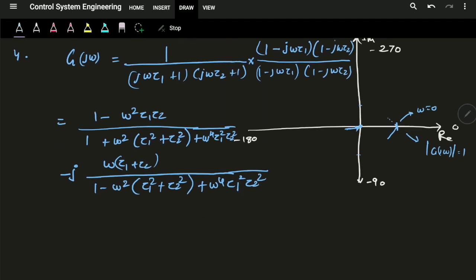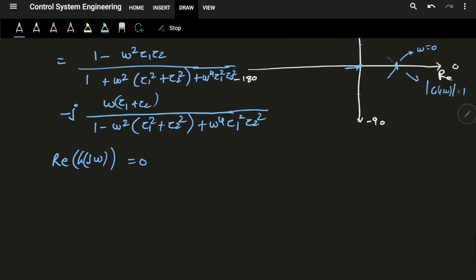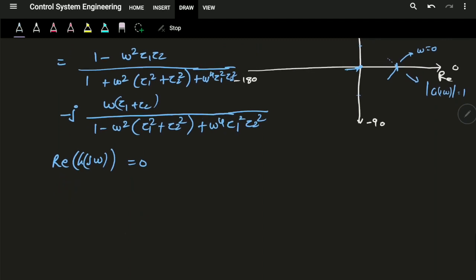So if I have to find the values on the imaginary and the real axis, I have to substitute the real part of G(omega) equal to 0. It will give you the point on the imaginary axis. Similarly, I have to put the imaginary part of this transfer function equal to 0.